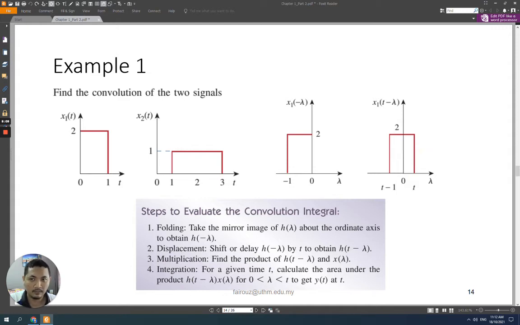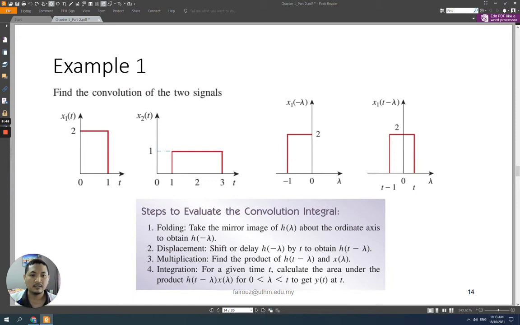Here the width of the pulse is 1 second. Now it has moved here as much as t, which can be 0.5 for example, but the width is still 1 second, from t minus 1 to t. So that is the second step, displacement.